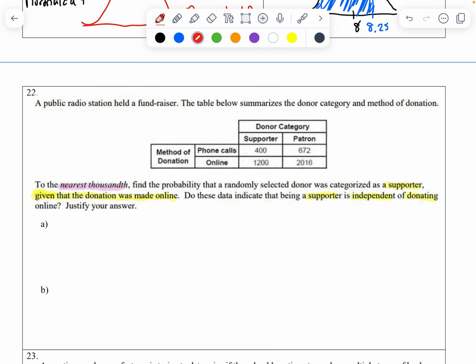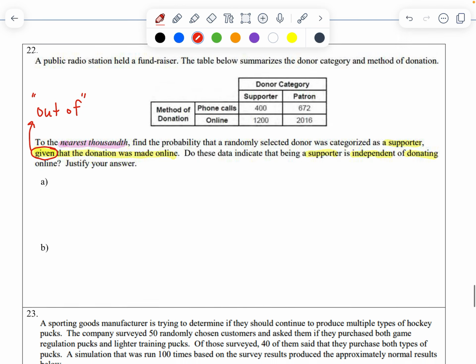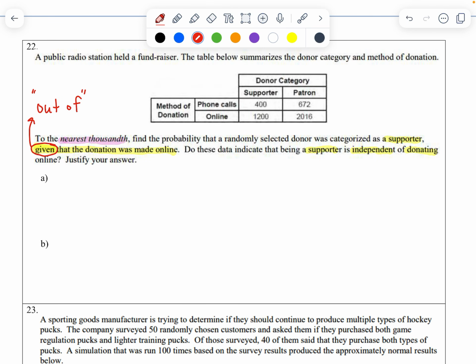All right, let's go ahead and do the first part. Given means out of. And when you talk about out of, that means that you're only talking about that specific group and you're talking about the bottom of a fraction. So what group are we talking about? We're only talking about the donation that was made online.